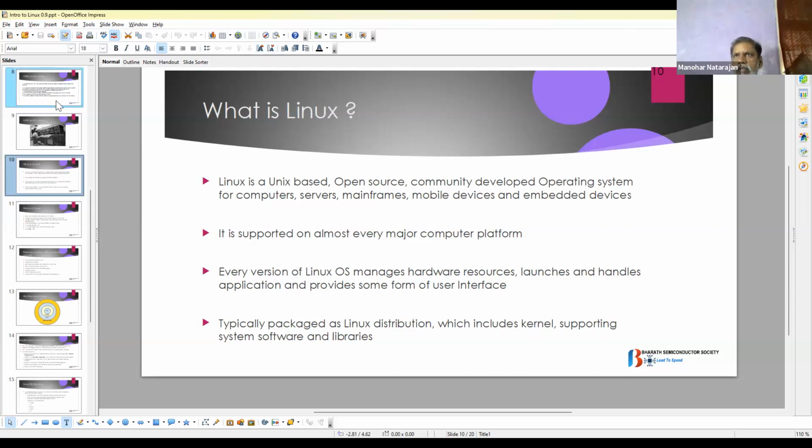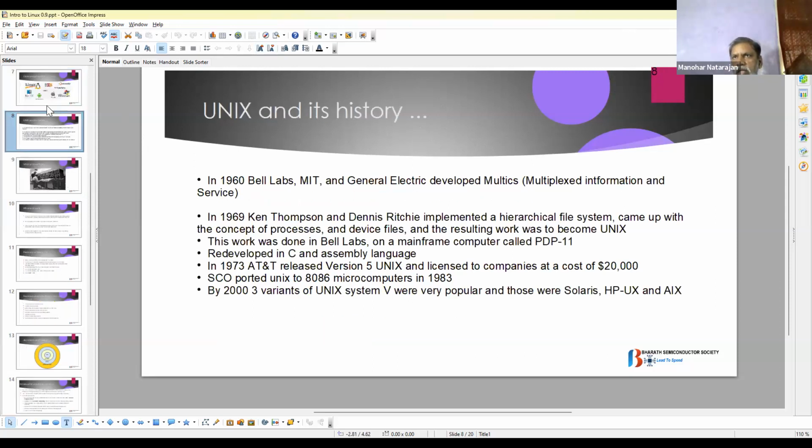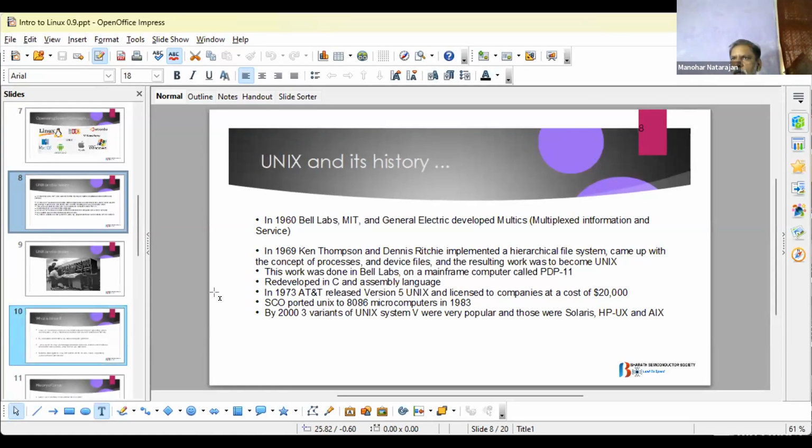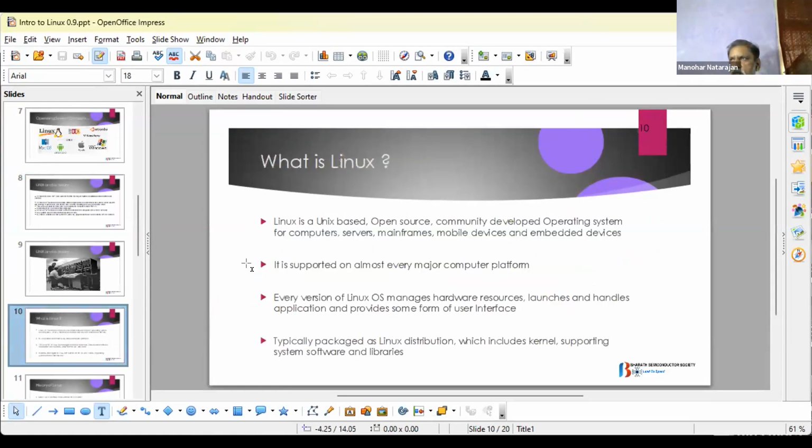Last week we studied generally how an operating system should be, and we talked about Unix and how Unix dominated the mainframe market for a whole lot of time. So what we'll do now is talk about Linux itself.